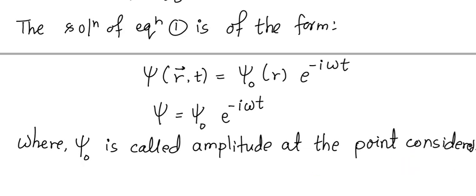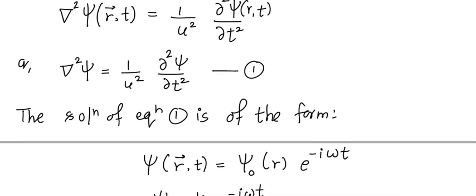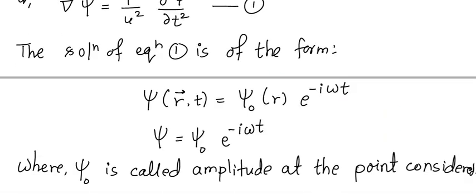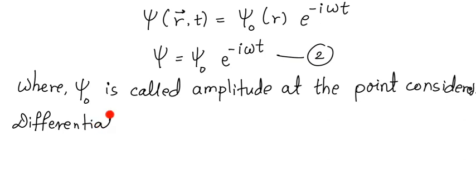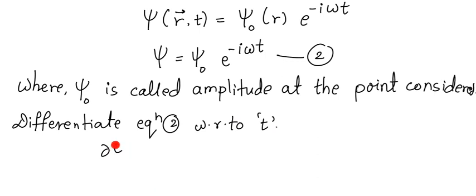Now we have to find the value of del square psi by del t square and put it into equation number 1. Let us take this as equation 2 and differentiate it with respect to time t.